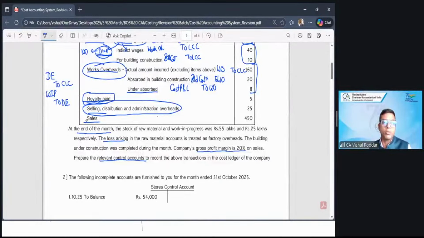So since we are not using the direct expense account, we will pass a combined entry of both of these. So the entry will become WIP to CLC. This is generally the entry in case of direct expenses, correct?